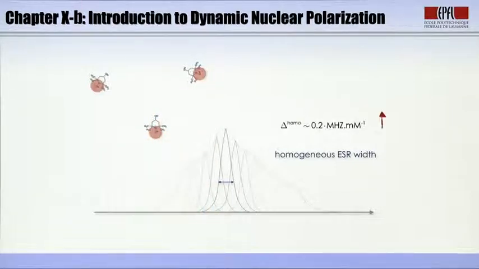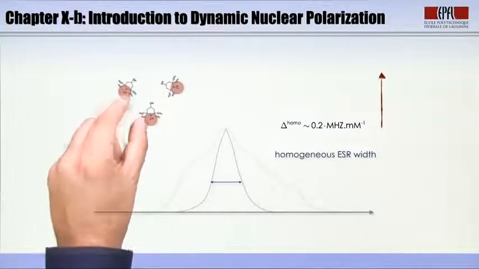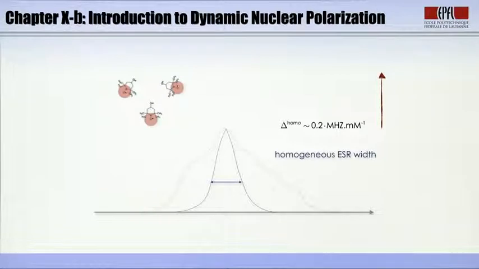And it turns out that this broadening is usually much weaker than the inhomogeneous broadening in the case of nitroxide radical. It is about 0.2 megahertz per millimolar of radicals. So if you increase the concentration of radical, you're going to decrease the distance between the electron spins, and this is going to increase the width of the homogeneous broadening.